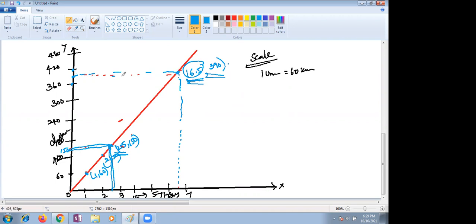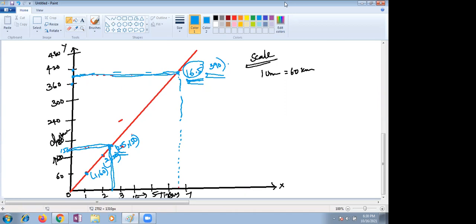If you use your ruler exactly, yes, it will match 390, children. Ma'am, but sometimes when we draw graphs, for 6.5 and such, the point won't come exactly on the line. If you do it correctly, and if you have any doubt, Vishnu, please let me know. I'll help you.